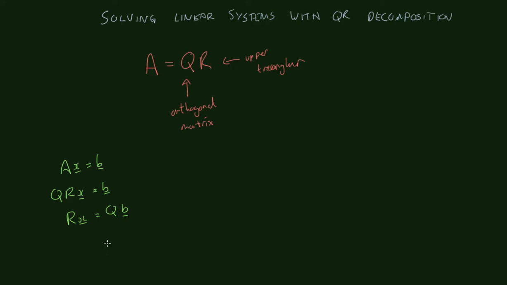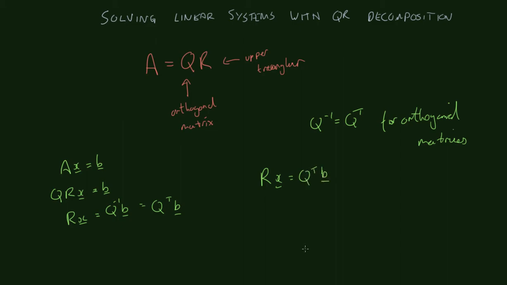A very nice property of orthogonal matrices is that the inverse of Q is equal to the transpose of Q. So we can rewrite that as Q^T b. The solution for our linear system is just a simple matter of solving Rx equals Q transpose times b.